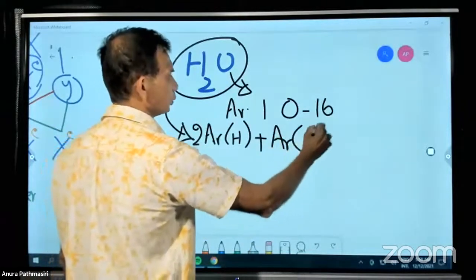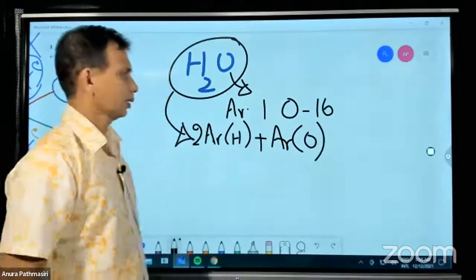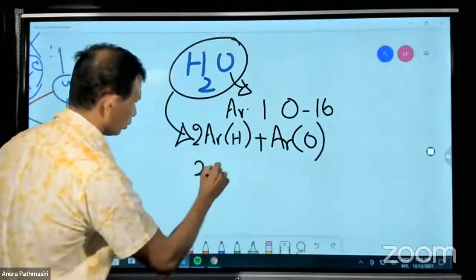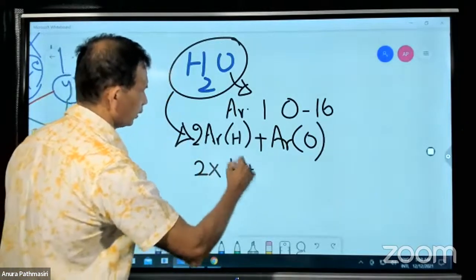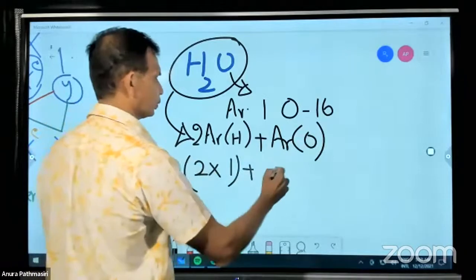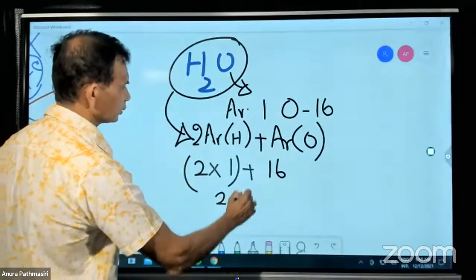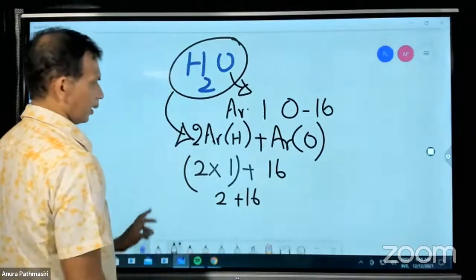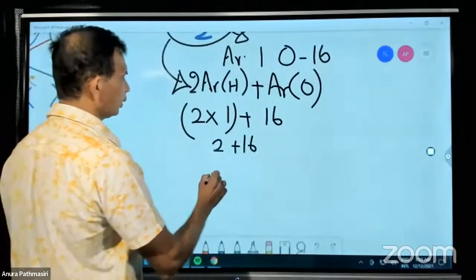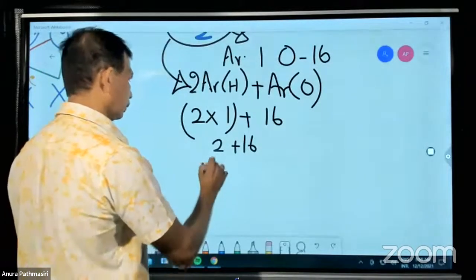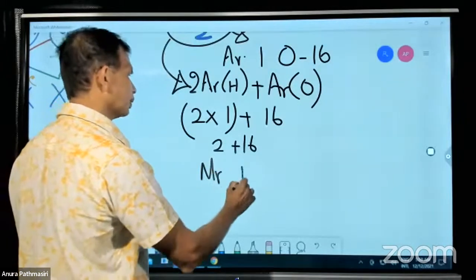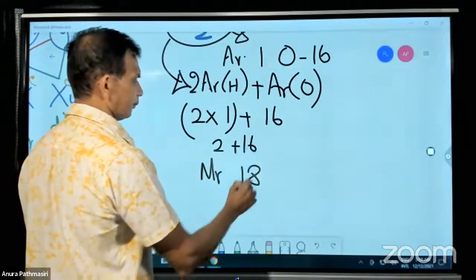AR of hydrogen 1යි, AR of oxygen 16යි. මෙතන 2යි 16යි. ඒ කියන්නේ water වල MR, relative molecular mass is 18.